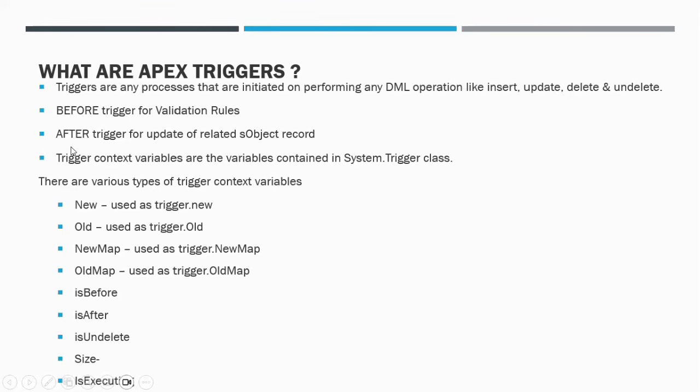So after triggers are any operation which happens post performance of the DML operation. Before is happening before the DML operation is performed, after is happening after the DML operation is performed, but the data is not committed to the database. Now what is the difference between performing a DML operation and the commit to the database?